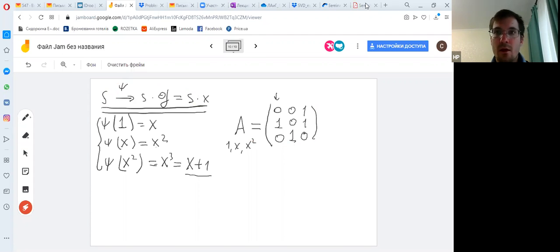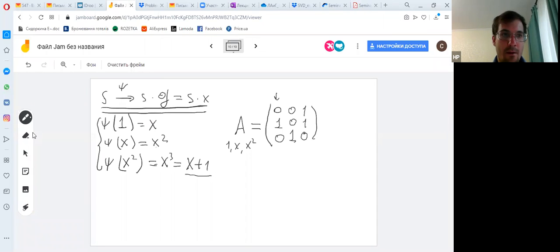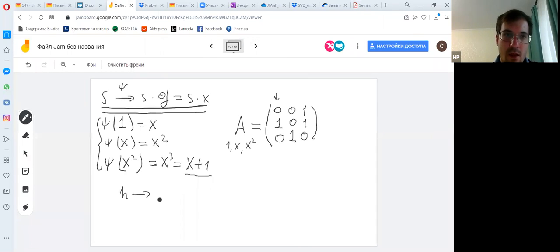And now, if I want to obtain G multiplied by H multiplied by G in 6, I know that H corresponds to a vector. What is H? I'm sorry, H is x squared plus 1. So H is such a vector.